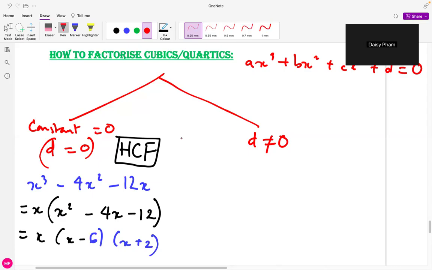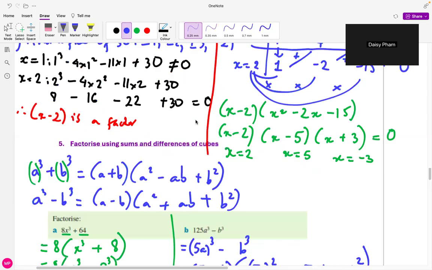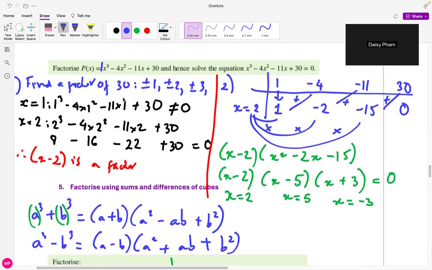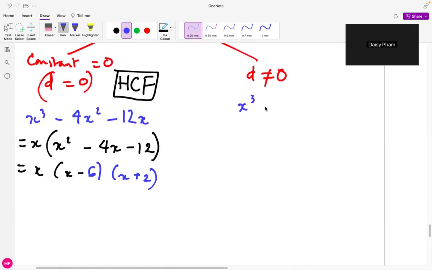If the constant is not equal to 0, like something like, what's the example we used earlier, x cubed minus 4x squared minus 11x plus 30. So here we have the constant is 30.